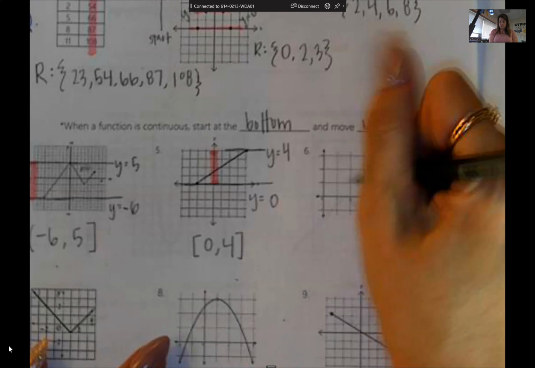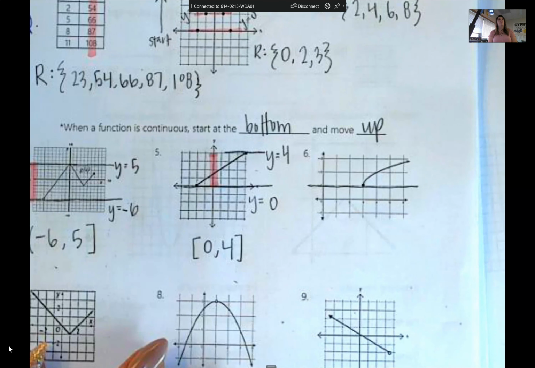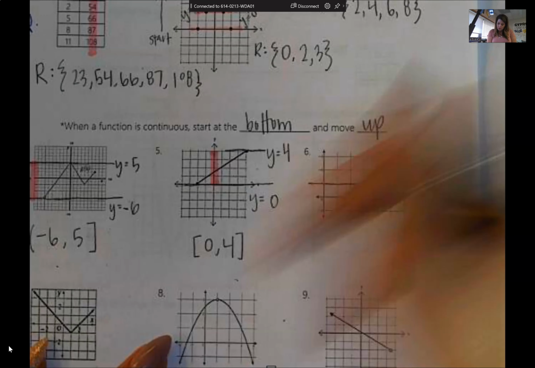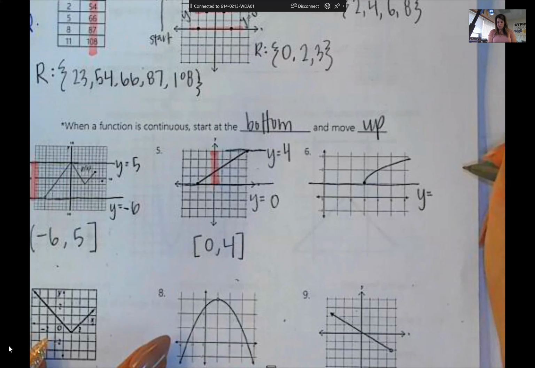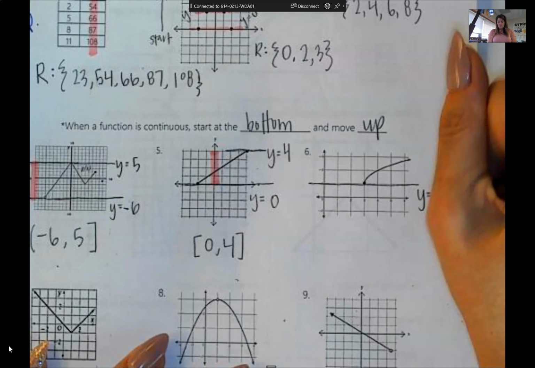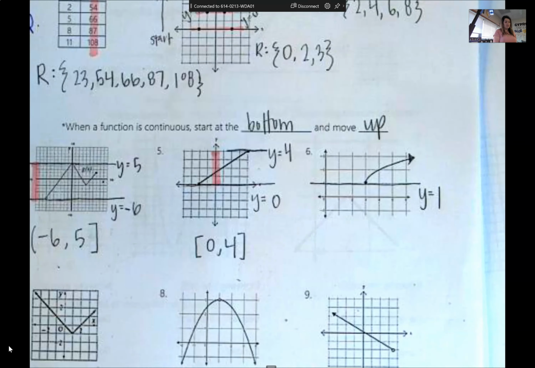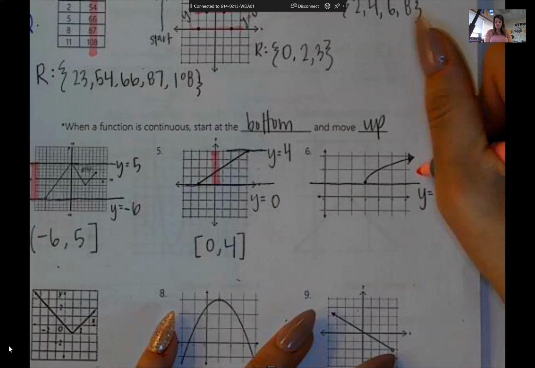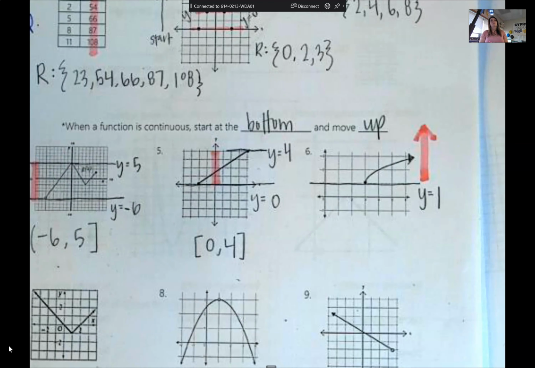Okay, this is our first one that's different. On the bottom, we have a point. So where is that on the y? Is it 1 or -1? 1. Now notice that on the right-hand side, you have an arrow, which means this time your range looks like this.